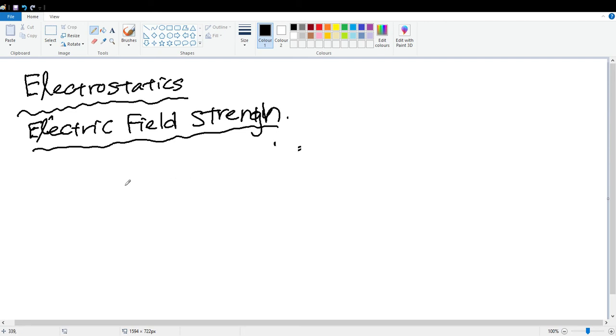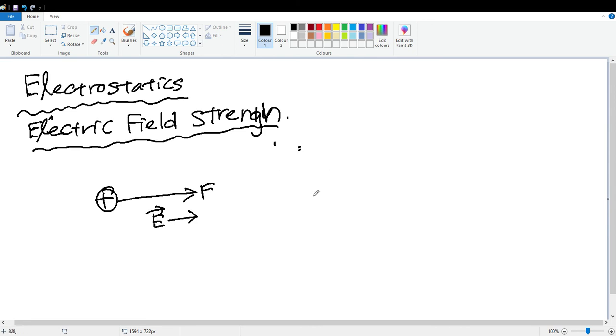As for the positive charge, let's say the force on the positive charge is towards here. So the direction of the electric field strength is said to be the same direction as the electrostatic force, and this is for the positive charge.